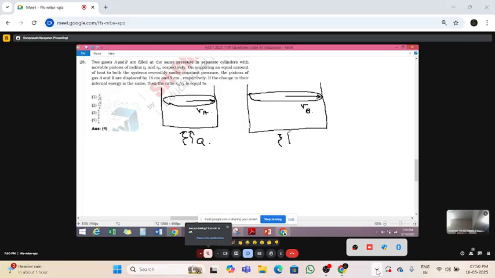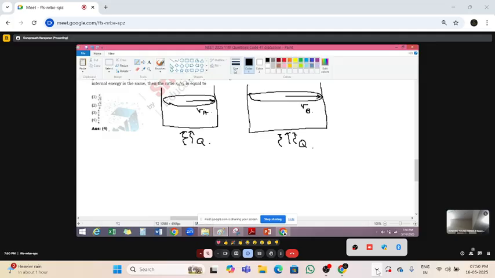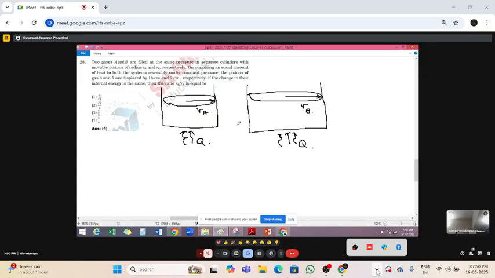So here also the same amount of heat, Q, is given. P is here, P is also here. Both the systems reversibly under constant pressure. So constant pressure means P delta V, so P is constant.